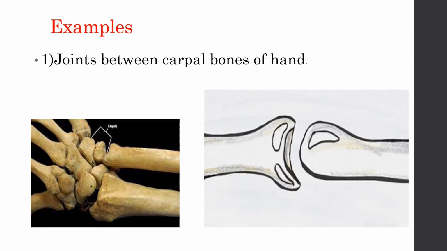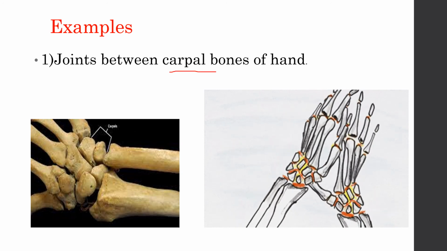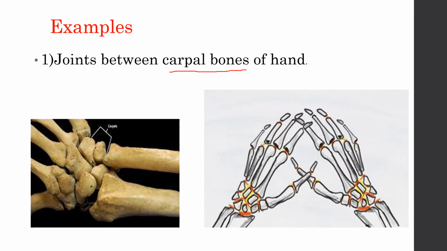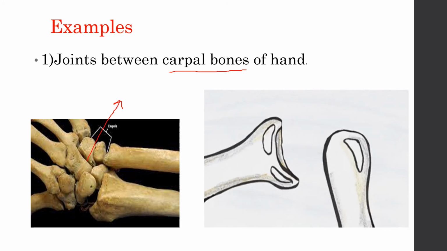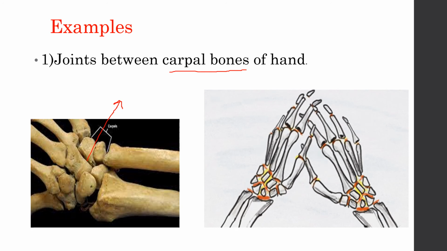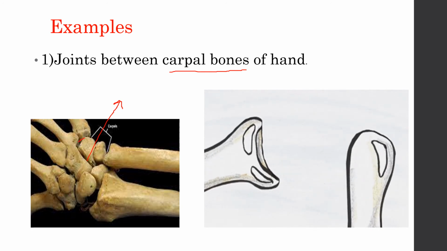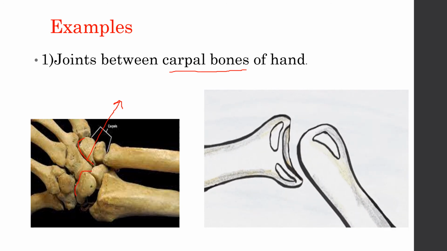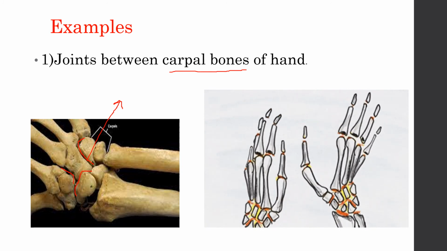When studying the gliding joint, the main examples are the joints present between the carpal bones of the hand. Carpal bones are simply called wrist bones. There you can see the carpals, or simply the wrist. In this diagram, you have to study that these joints are gliding joints, and all these joints are gliding joints.